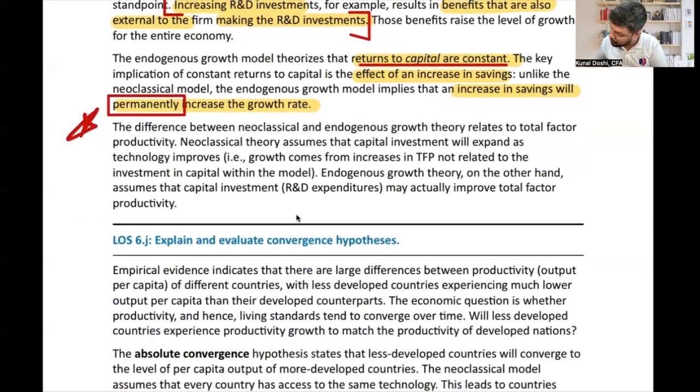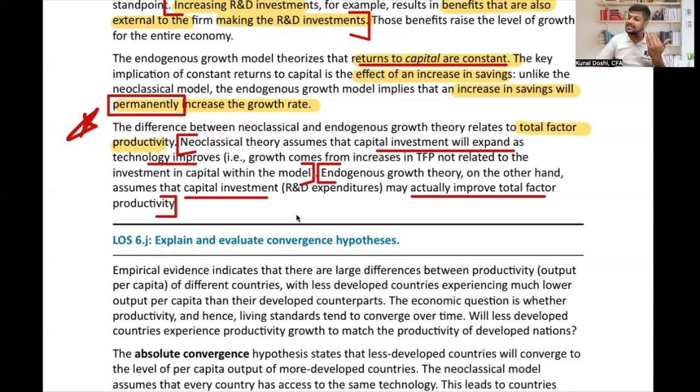The difference between both relates to the total factor productivity or technology. Neoclassical, which we studied, assumes that capital investment will expand as technology improves. But endogenous says that capital investment may actually improve the total factor productivity. So it's the other way. What does neoclassical say?